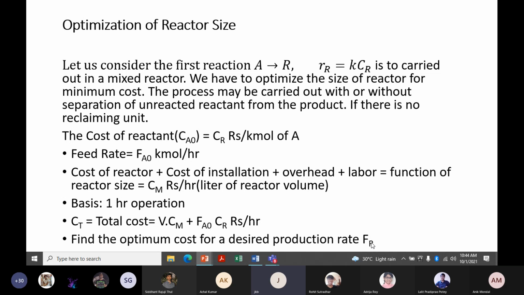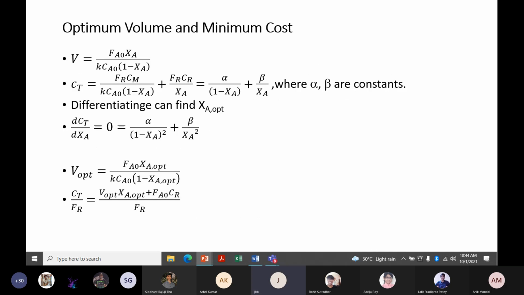We have to optimize the cost or find out the optimum reactor volume. Then differentiate this cost function with respect to conversion. Here conversion is the independent variable, so you differentiate with respect to conversion. Sometimes for second order kinetics you will find the M parameter, the molar ratio.